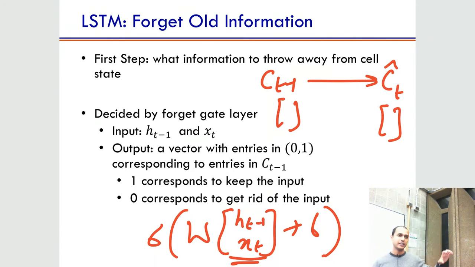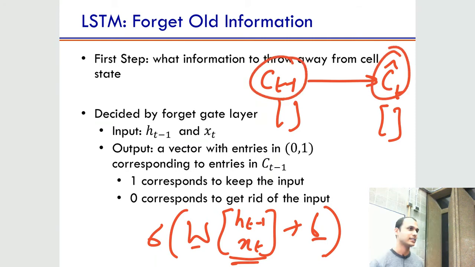From the previous cell we get ct minus 1, the previous cell state, as well as ht minus 1, which you can think of as a simple transformation of the previous cell state. Given those two, do a linear transformation, and with that I get this intermediate quantity, such that from the previous cell state I'm throwing away some information. That's the semantic meaning.